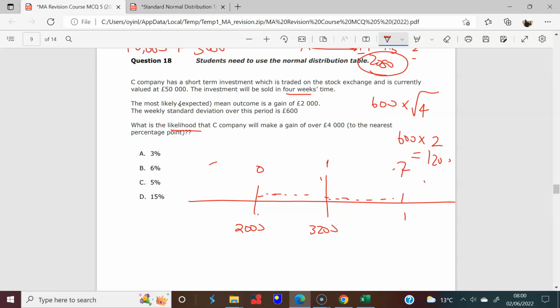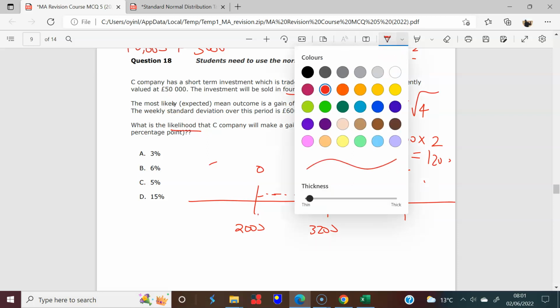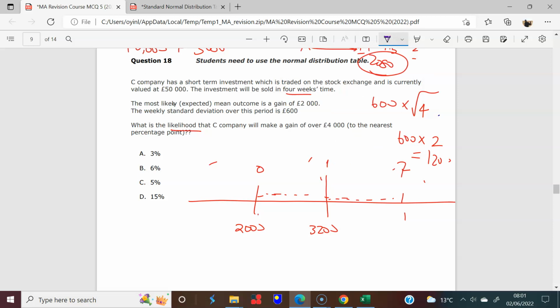So my profit, when the question says a gain of over 4,000, I'm just trying to find what the Z score is for 4,000. I am interested in what's happening when I make a gain of over that, but let me first know the Z score of this point.